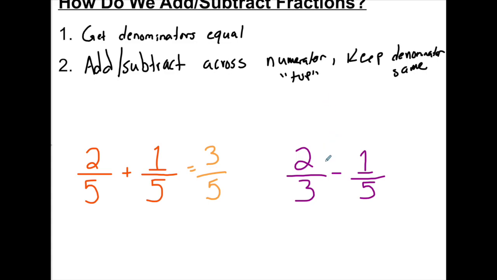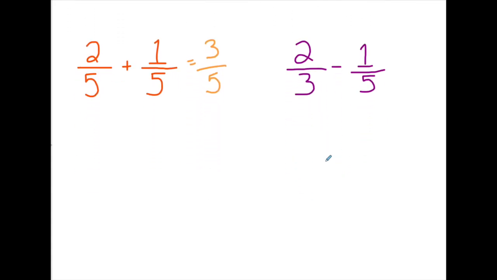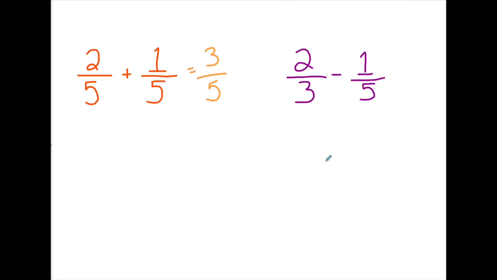Now, the trick is when the denominators are not equal to each other. That's going to be a little bit more challenging, and so that's a scenario where we're going to have to figure out how to make them equal to each other. And in doing so, we're going to think about how that works when we have rational expressions as well.